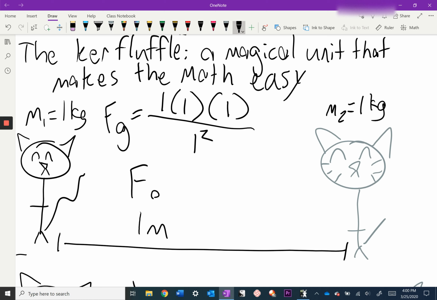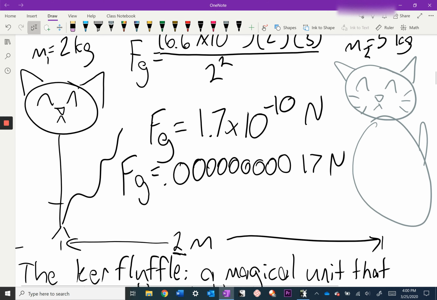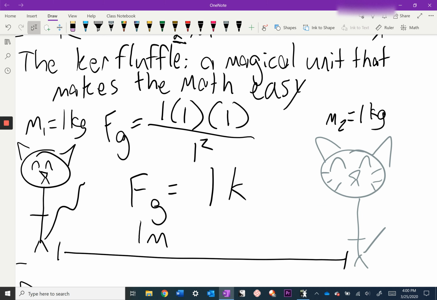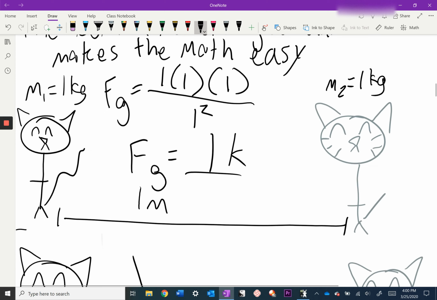So the force of attraction in kerfluffles between them for a baseline is 1, we'll call it little k. That's a much easier number to deal with than that nonsense. So our baseline, if everything is the same and they are 1 meter apart, is 1 kerfluffle.